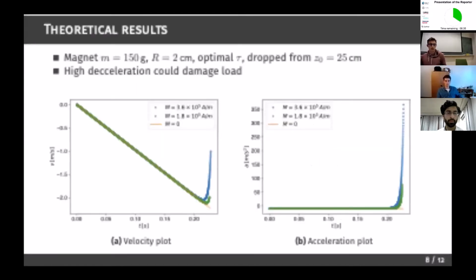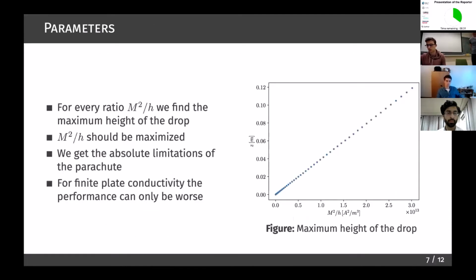We plotted the maximum height of the drop with respect to the magnetization squared per height of the magnet. The graph shows us that the parameter magnetization squared with respect to the thickness of the magnet should be maximized. We use that to get the absolute limitations of our parachute, but we need to be aware that for finite plate conductivity, the performance of our magnet could only be worse.